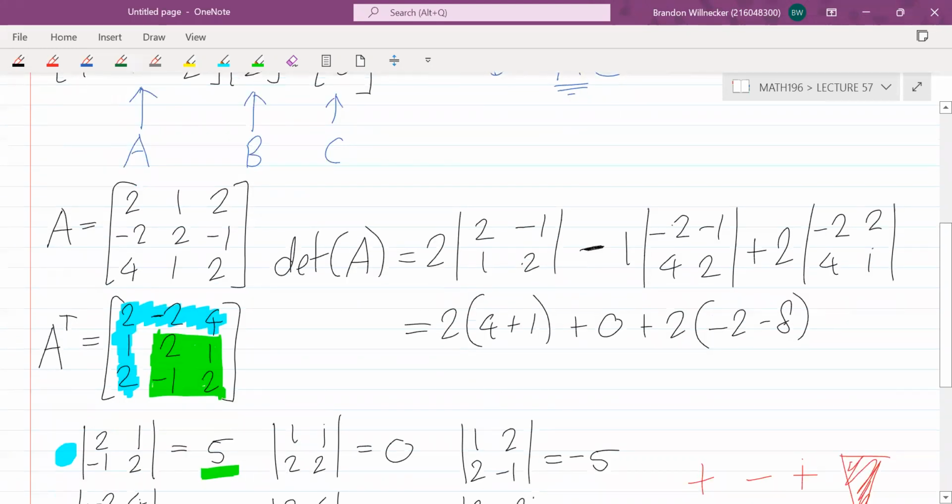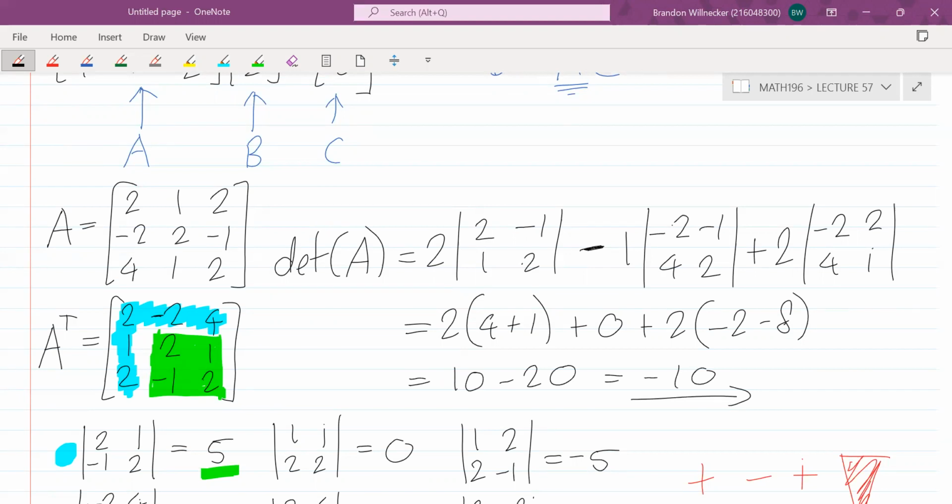So 4 plus 1, that's 5, times 2 is 10, minus 20, so that's minus 10. Okay, so we got a determinant of minus 10.